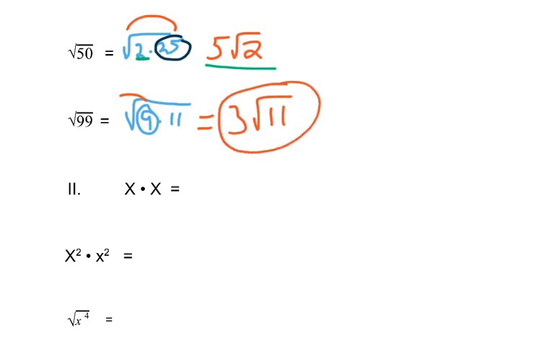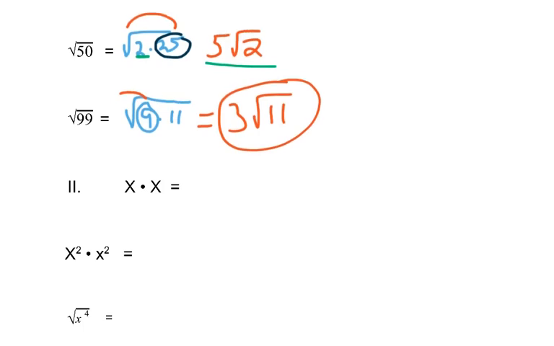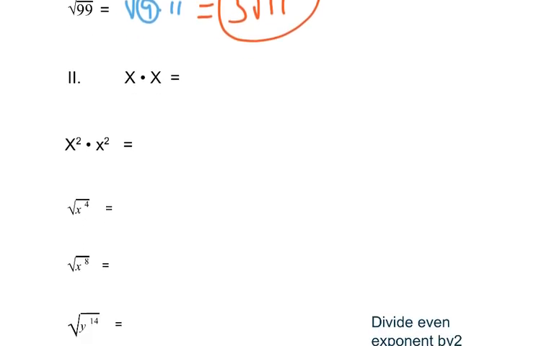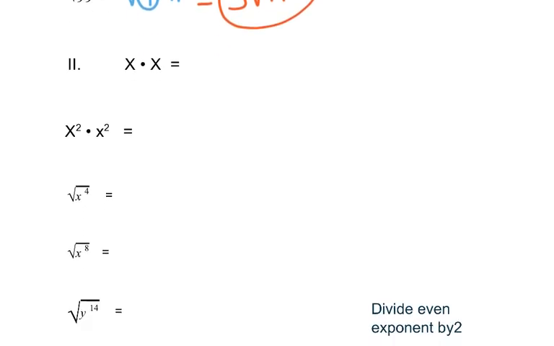Okay. Now, here's where it starts to get a little bit more difficult because now we're going to be dealing with variables. But again, when we get done with this, you're going to see that the procedure is actually not too bad. So, first of all, we know x times x is x squared. We learned that because of the properties of exponents. 1 plus 1 is 2. So, I multiplied two of the same numbers.